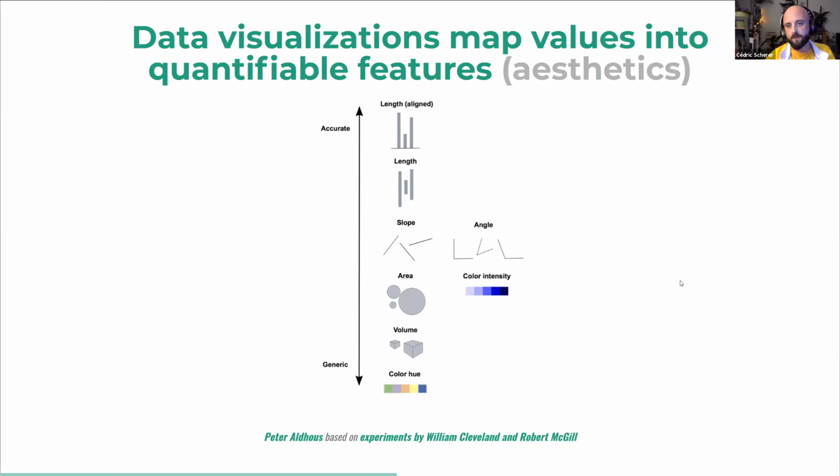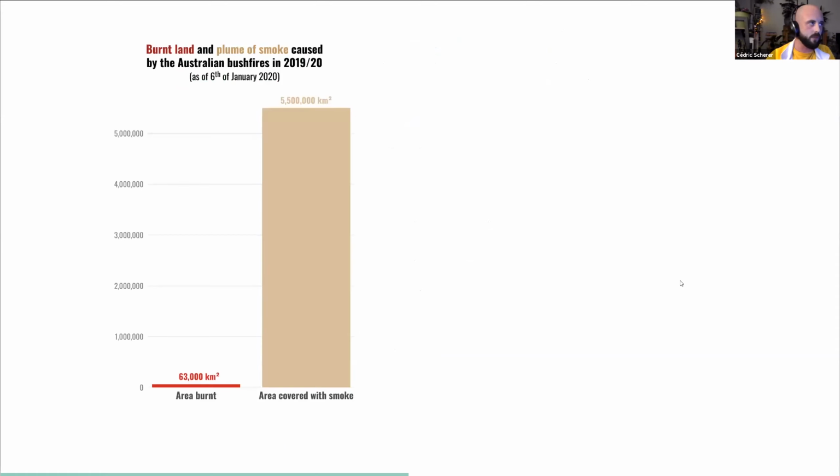Especially for colors, which are often used, and are on the lowest end of this gradient. But just to show you that bars are not the only thing you can do. At the end of last year, beginning of this year, before all these corona thingies happened, we had these severe Australian bushfires. There were numbers about the area burned and the area covered with smoke, and I had no idea how big this is.